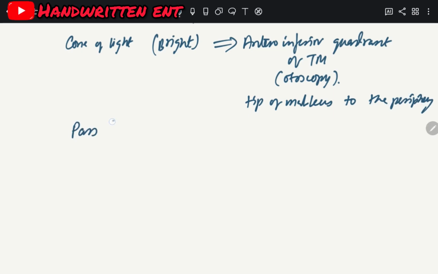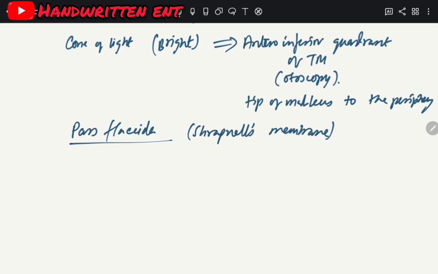Next is the pars flaccida. It is also known as shrapnel's membrane and it is situated above the lateral process of malleus. Suppose if this is the malleus and if this is the lateral process of malleus, then pars flaccida is above it.